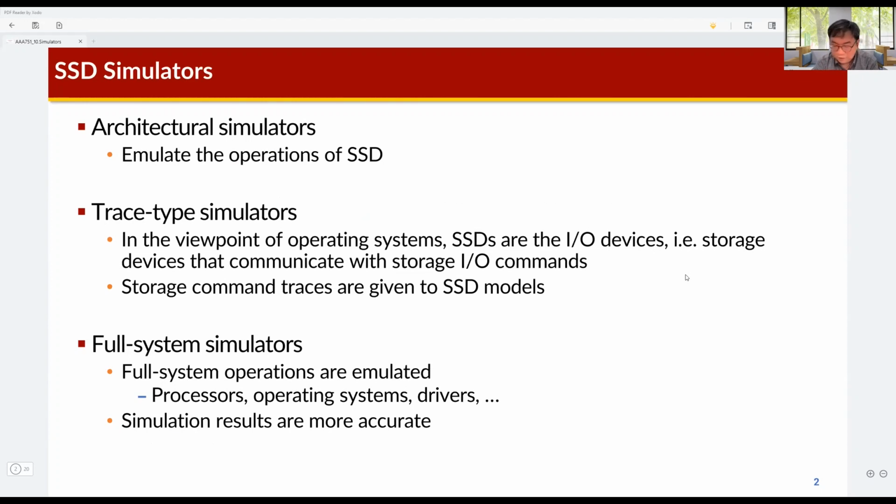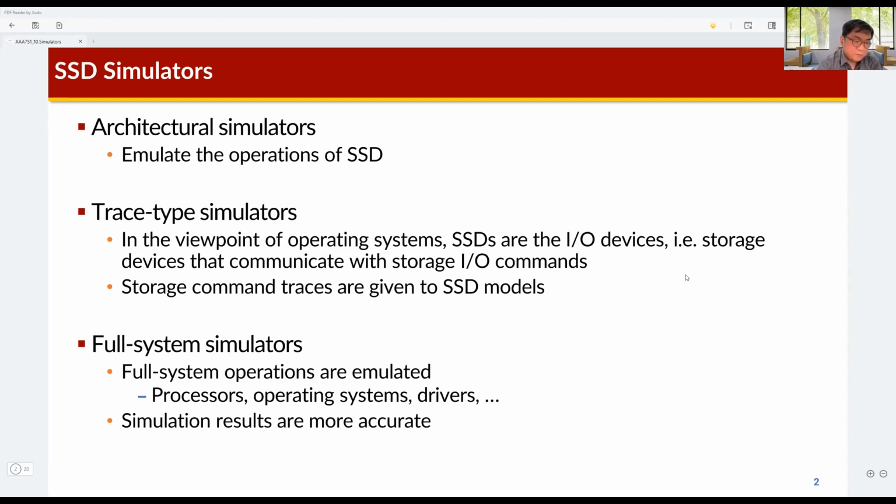This is the software that emulates the operations of SSD, like the computer architecture simulators such as GEM5 or GPGPU-Sim. We can categorize these SSD simulators as trace type simulators and full system simulators.